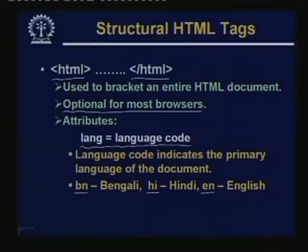If a language code is specified, then the browser will know which font it has to use to display the document in a proper way. We are not going into the detail of multilingual document processing and display right now, but the HTML language has a facility to specify this kind of language.